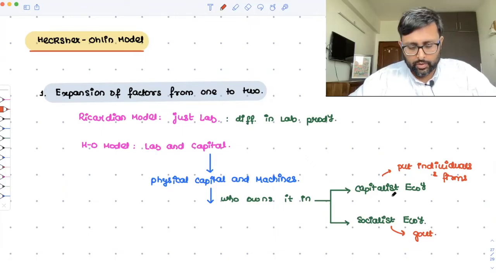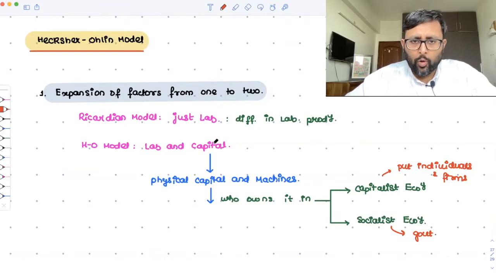And in the socialist economy, it was the government which is owning the capital. We are assuming basically that in the HO model, private individuals are owning. So there is a private ownership of the capital.